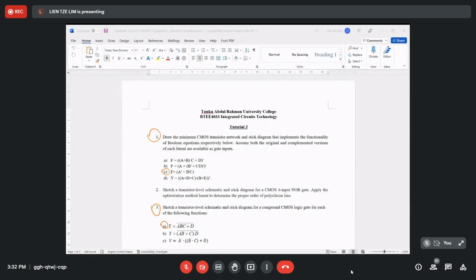I think I will discuss the solution to question 1C. Within this half an hour, if I still have time, I will continue with question 3A. I know that all of you are here.